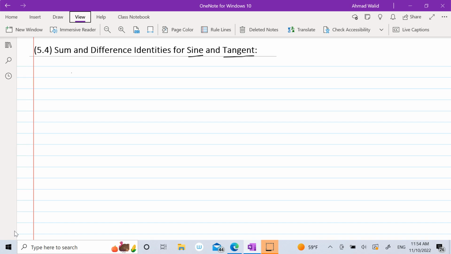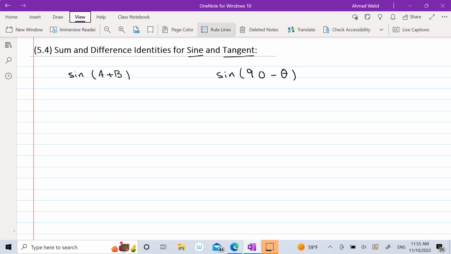To prove sine of a plus b, I will use the co-function method. From co-function, I know that sine of theta equals cosine of 90 minus theta.